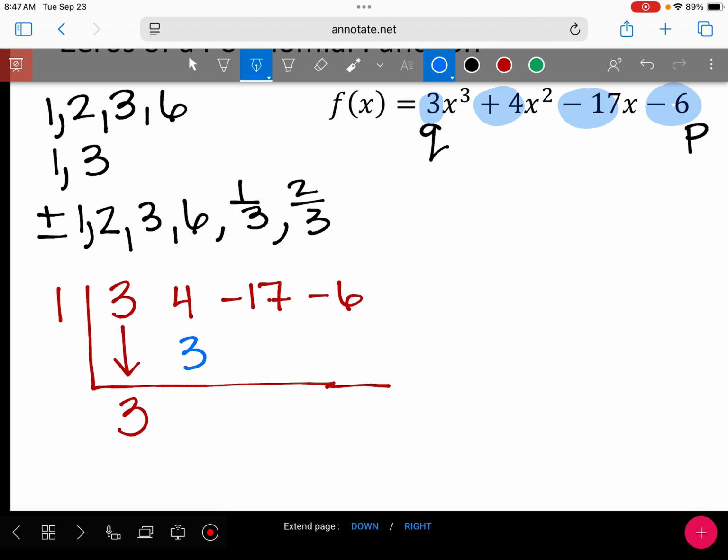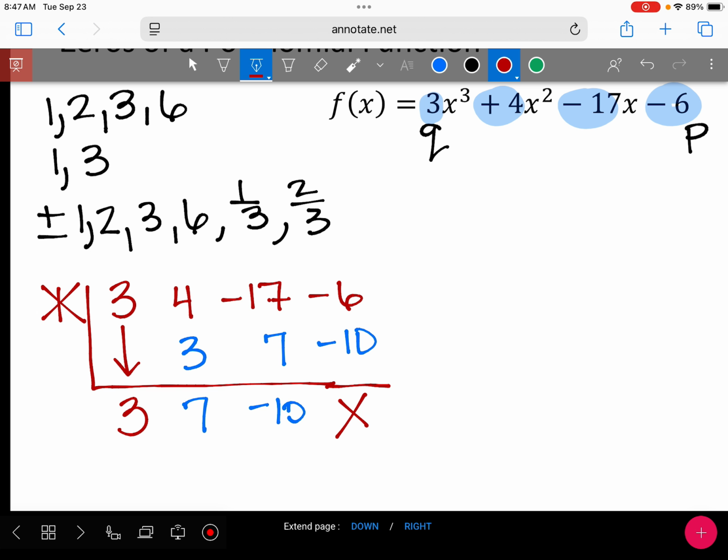Add. What's 4 plus 3? And I'm going to take 1 times 7, which is 7. Put that here. When you add, you get negative 10. And then I'm going to take 1 times negative 10, which is negative 10. I do not end with a 0. So that means that 1 is not my answer.